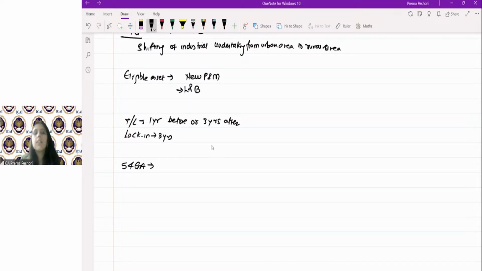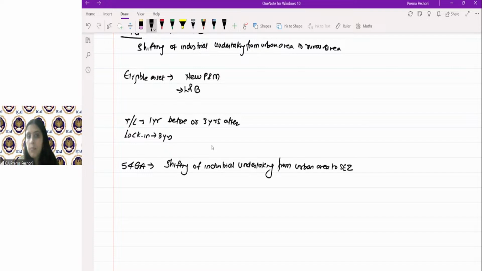Next is 54GA. This is in respect of transfer of capital asset in shifting of the industrial undertaking from urban area to SEZ. So, shifting of industrial undertaking from urban area to SEZ. Earlier one is to rural area.